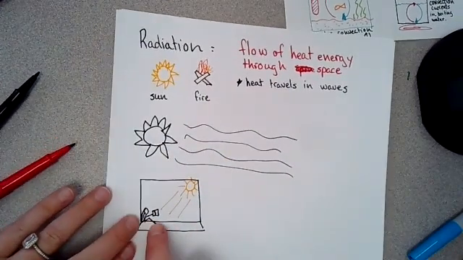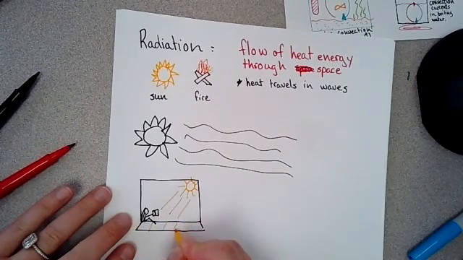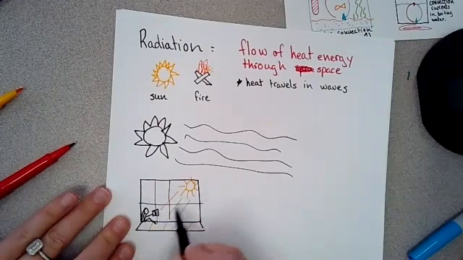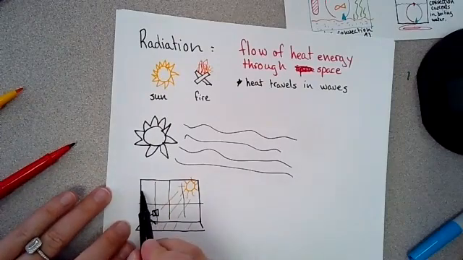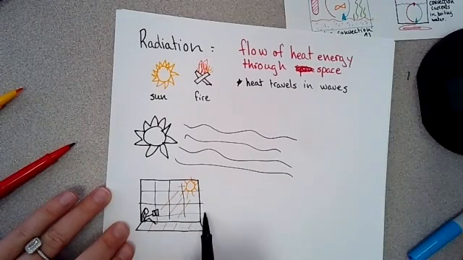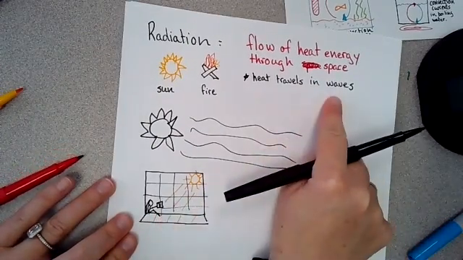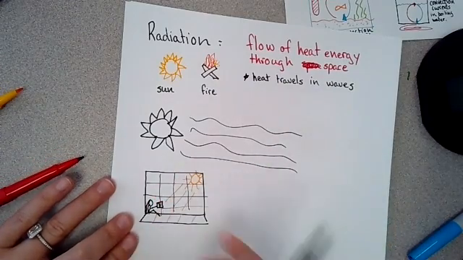The rays can penetrate the window because she's actually inside of it. Maybe she's sitting in a big bay window that has a window seat. She can still feel the sun because it's traveling in waves, electromagnetic waves, through the window.